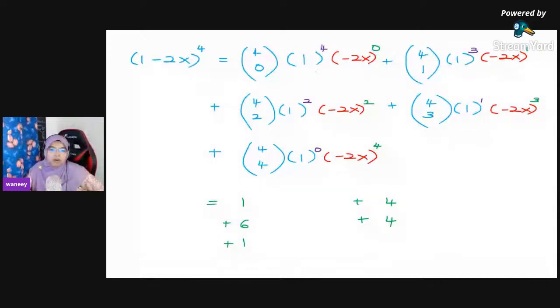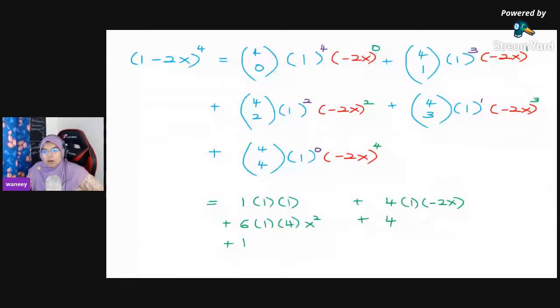1 to the power of 4, so that is simply 1. Negative 2x to the power of 0, anything to the power of 0 is always 1. And then 1 to the power of 3 is always 1. Negative 2x to the power of 1, so that is simply negative 2x. 6, 1 squared, so that is simply 1 again. Negative 2, if you square them, that will be 4, and then x squared. 1 to the power of 1 is simply 1, of course.